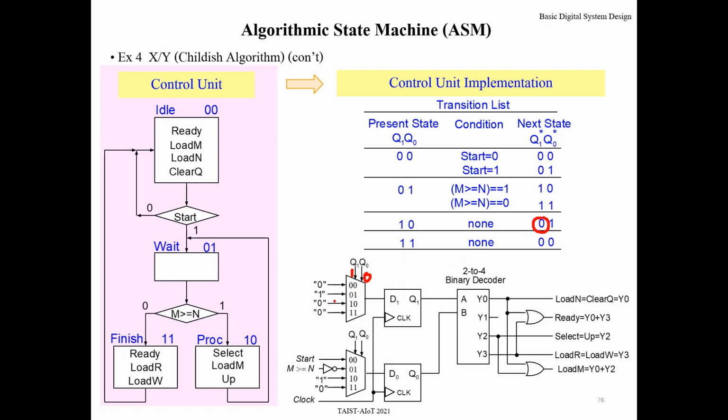So we must apply 0 at the address of 1 0. And the last state 1 1, when Q1 is 1, Q0 is 1, when clock tick, Q1 star must be 0. So you must apply 0 at this position. That's all for D1.